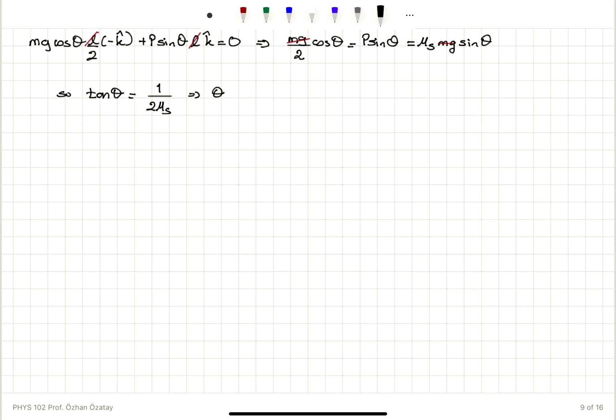So the minimum angle theta, which has the critical value of P, mu s mg, is basically tangent inverse 1 over 2 mu s. Okay, so this is my symbolic answer.